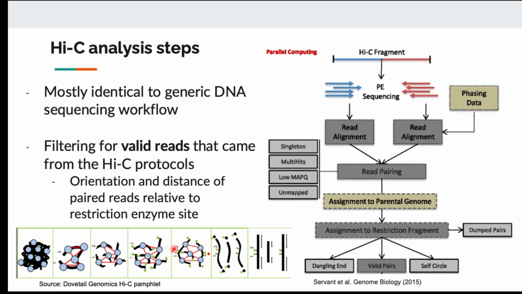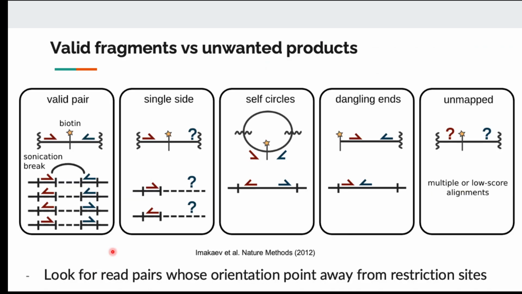You might get a hybrid fragment that is ligated the wrong way, or you might have a fragment that ligated in a circle. So the only thing added to the bioinformatics pipeline to analyze sequencing data from chromatin conformation capture is how to distinguish between these products.